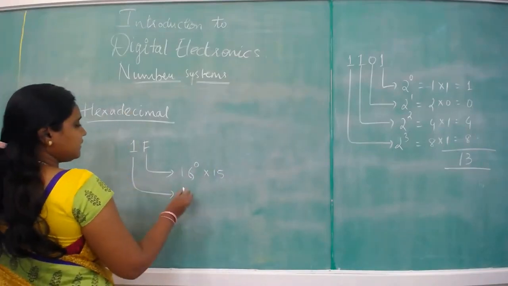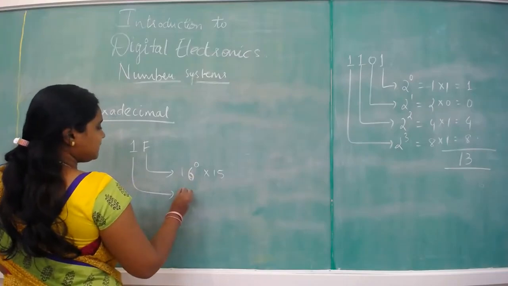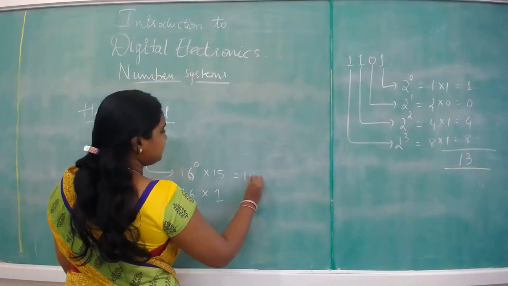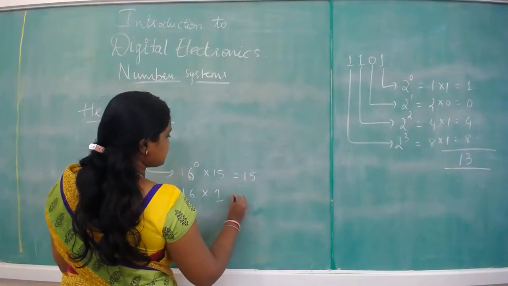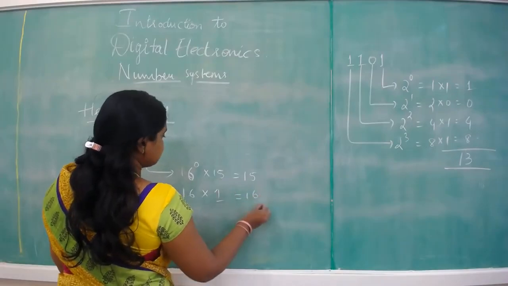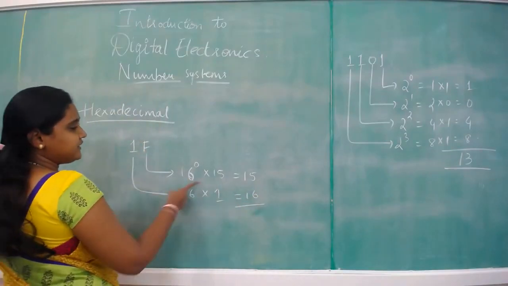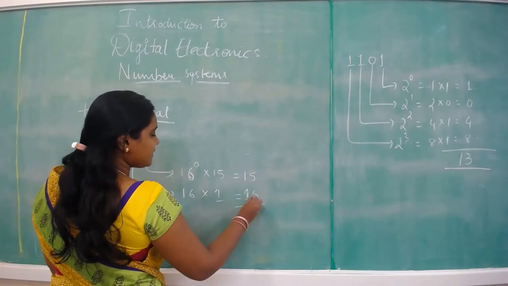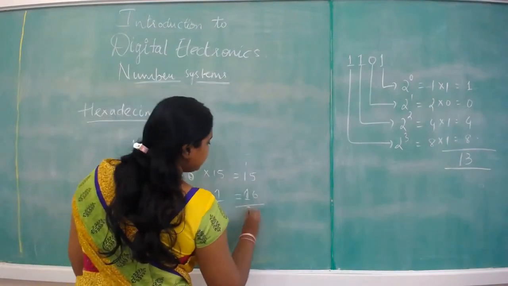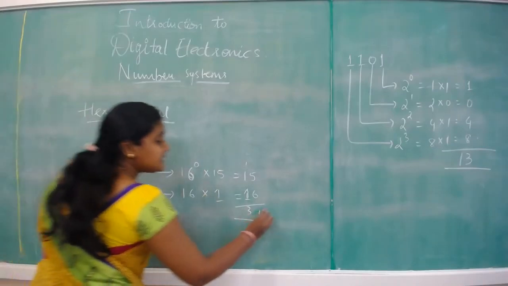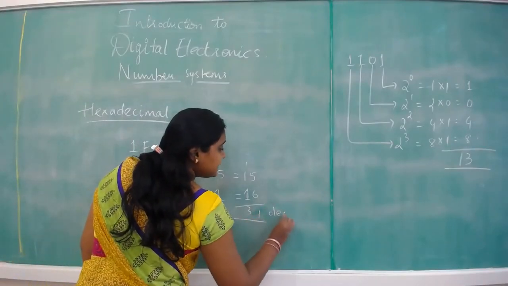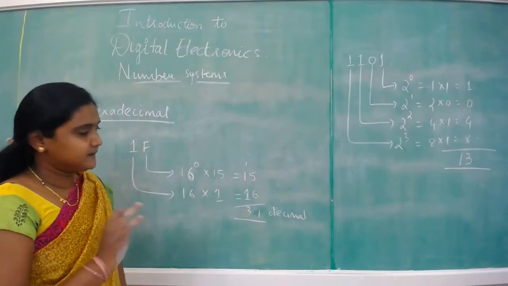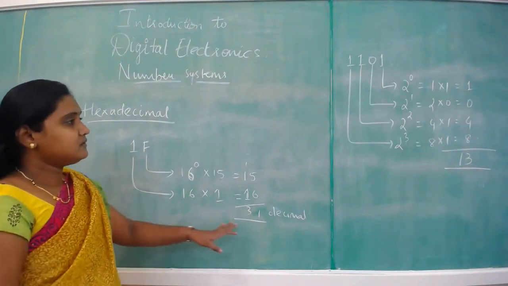Okay, and 16 into 1. Okay, so this is nothing but 15 plus 16. F is nothing but 15. 15 into 1 is 15. Okay, 16 into 1 is just 16. So this is going to give you 31. Okay, 31 means the decimal equivalent value. So 1F when I am writing, that means nothing but 31 in the decimal form. Okay, so this is the value.